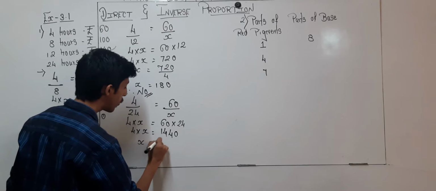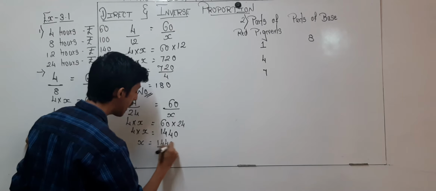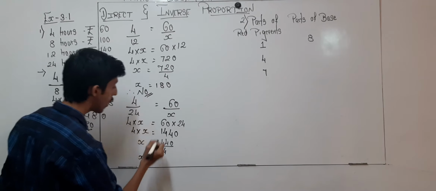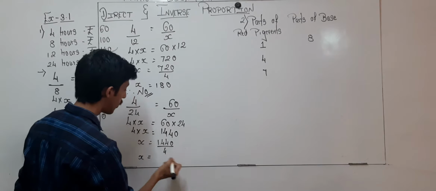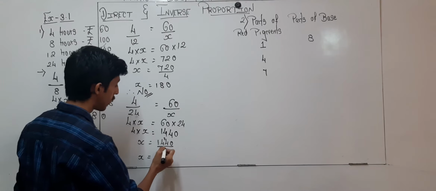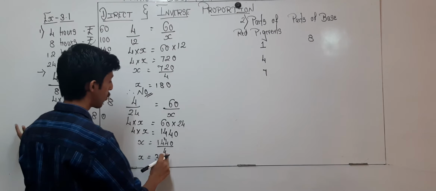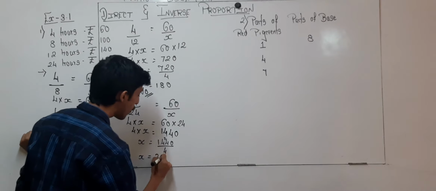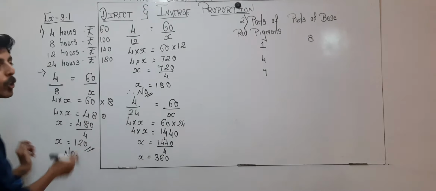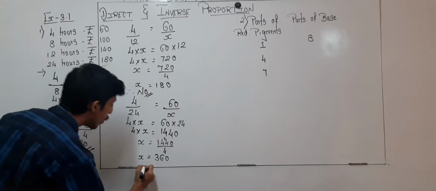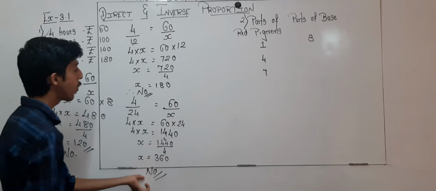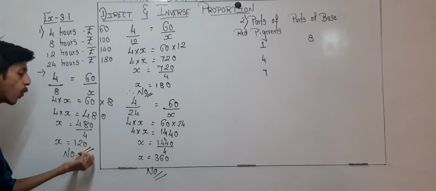So my x will be equal to 1440 upon 4, which is 360. My x is equal to 360, but here it is 180. So are they equal? No. So it is not in direct proportion, neither here, nor here, nor here.